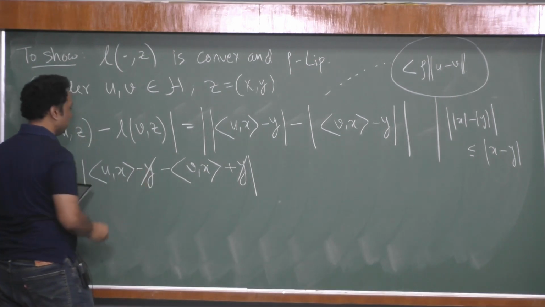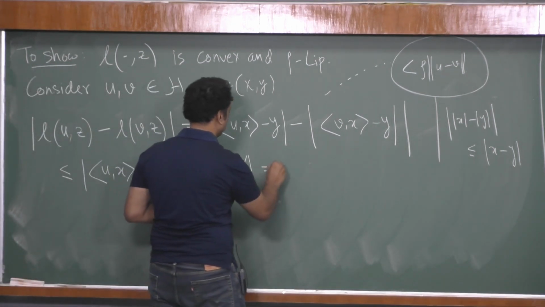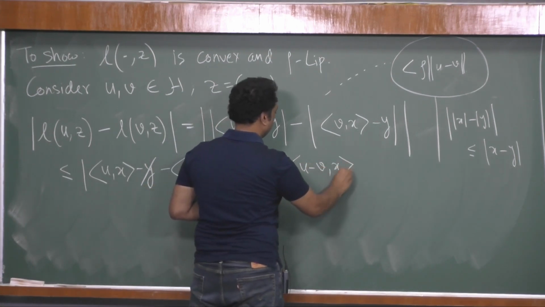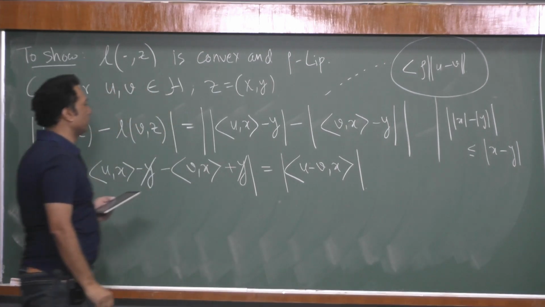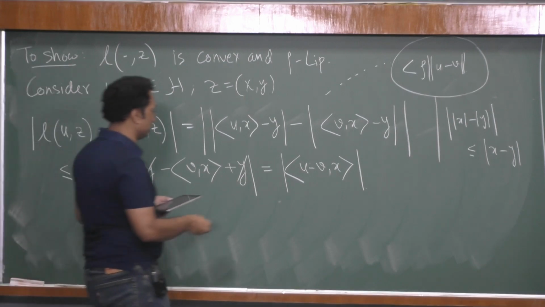Y gets cancelled, and we have |(U - V)·X|. The natural thing to do is Cauchy-Schwarz to split out U and V, and X is given to be bounded by rho.